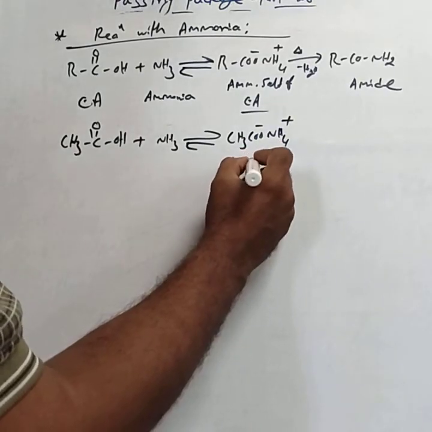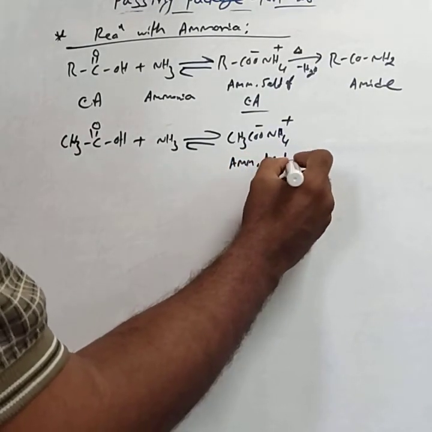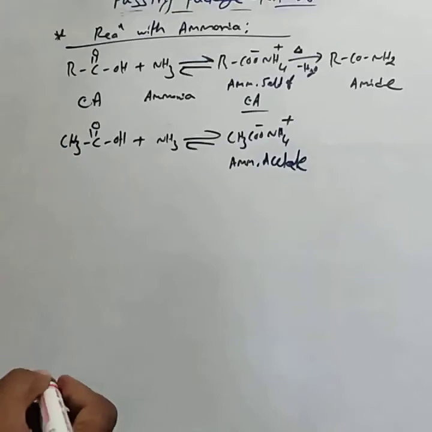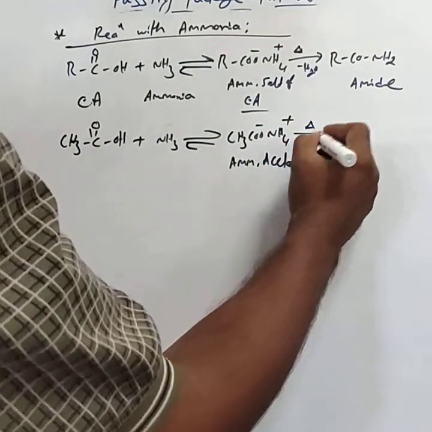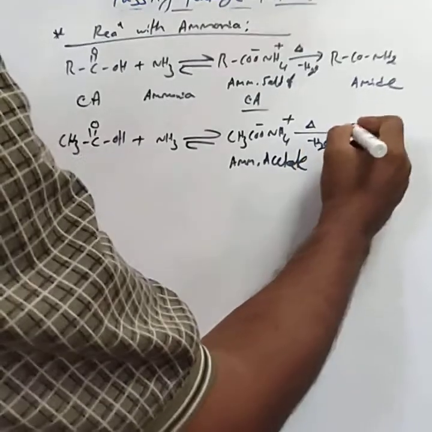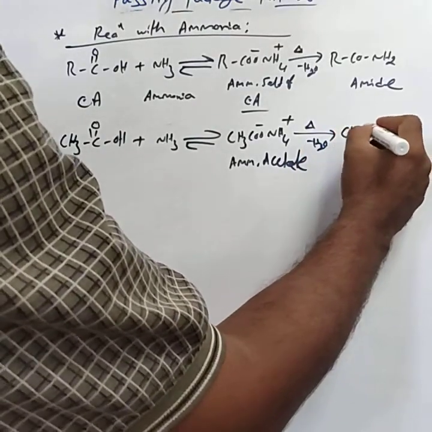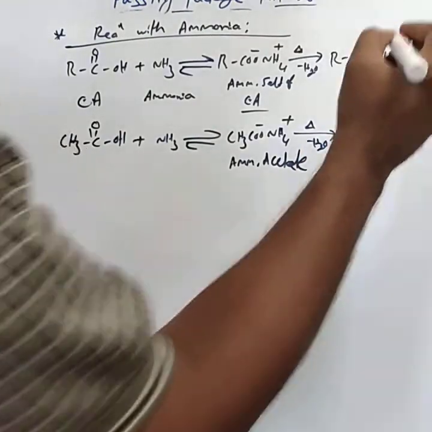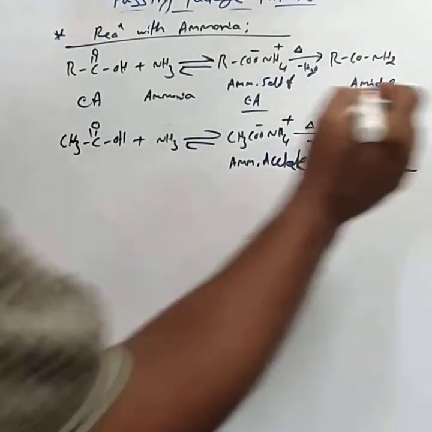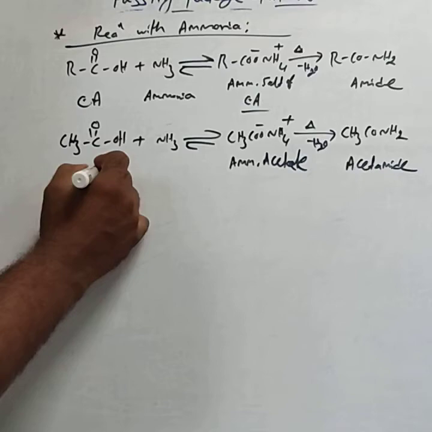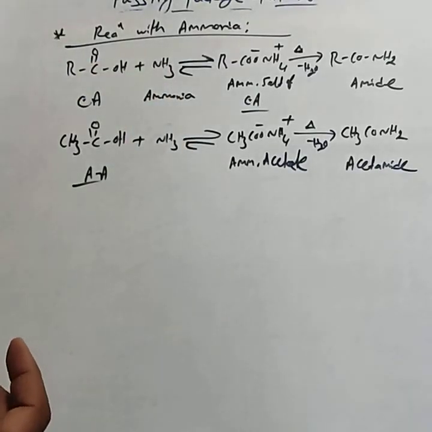We can call this ammonium acetate, or the ammonium salt of acetic acid. Ammonium acetate on heating loses water and forms CH3CONH2. This is called acetamide. From acetic acid we get acetamide.